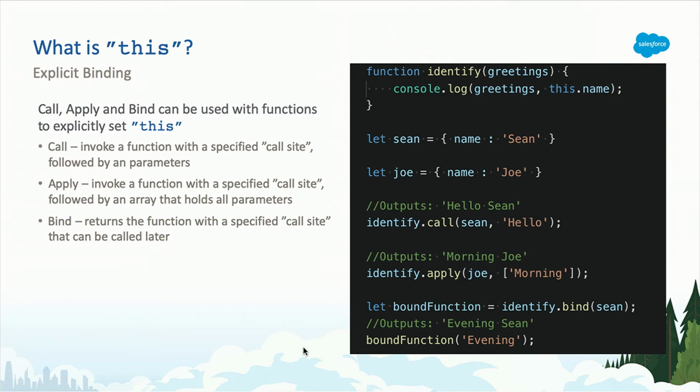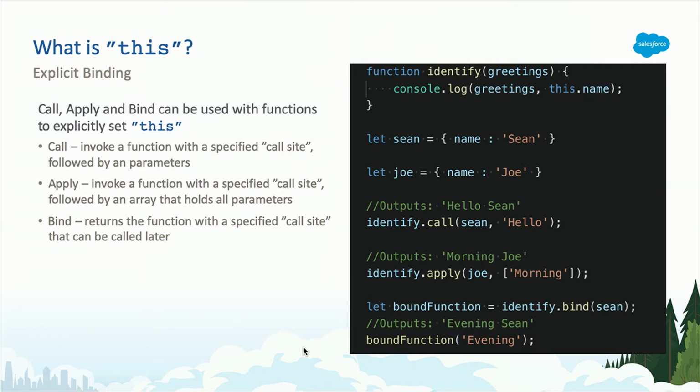Let's take an example. I have a function called identify. It accepts a greeting and it outputs the greeting and the name property of what the this keyword is bound to. Now, when I use call on that function, I pass to it what I want the this keyword to be. In this case, the object named Sean.